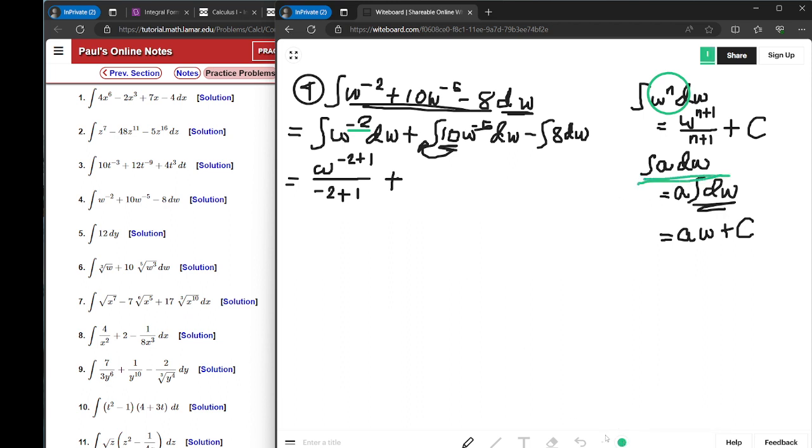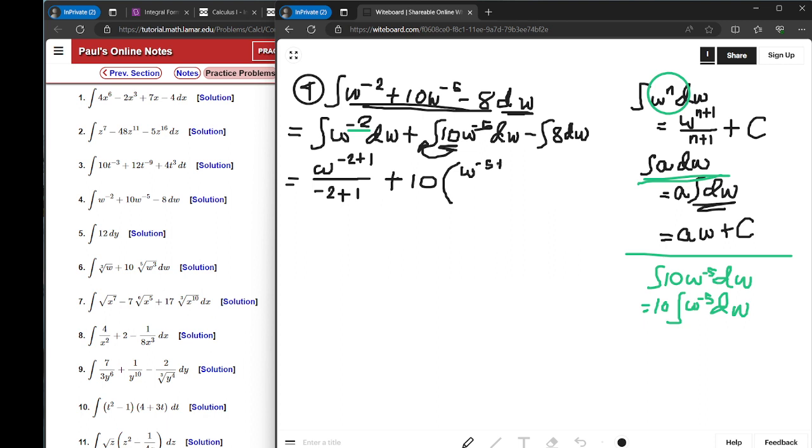So 10 times the integral of w raised to negative 5 dw will be equal to 10 times w raised to the power of negative 5 plus 1 over negative 5 plus 1.